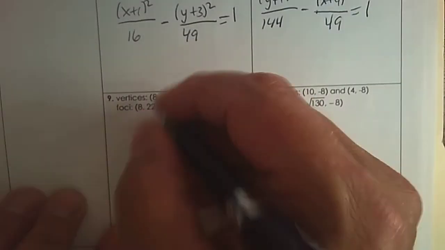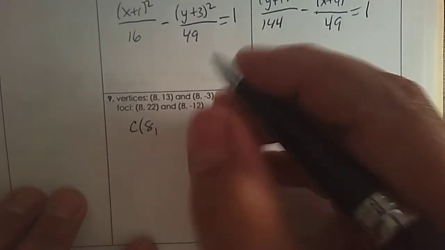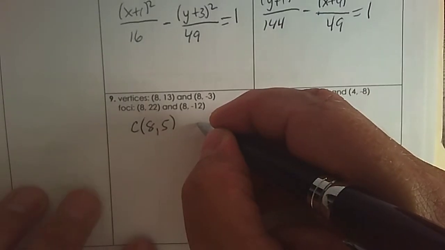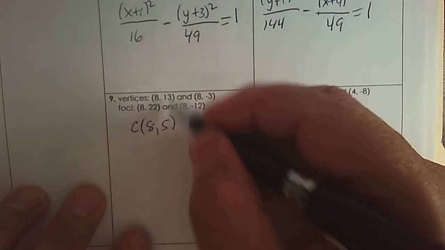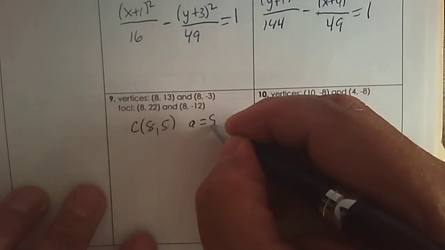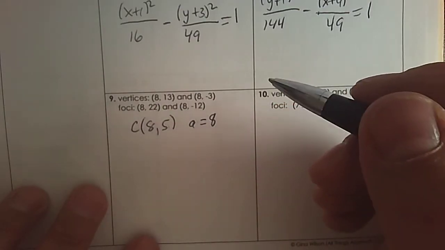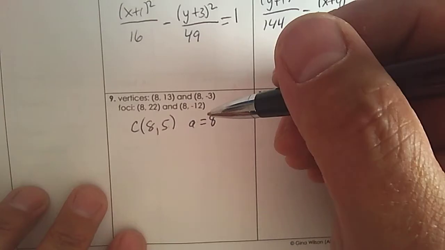So again, my center, 8, add them up, that's 10, divided by 2 is 5. My a is the y, so 5 to 13, that distance is 8. Next, I'm given the foci. So the distance from the center to the foci, that's 5 to 22.